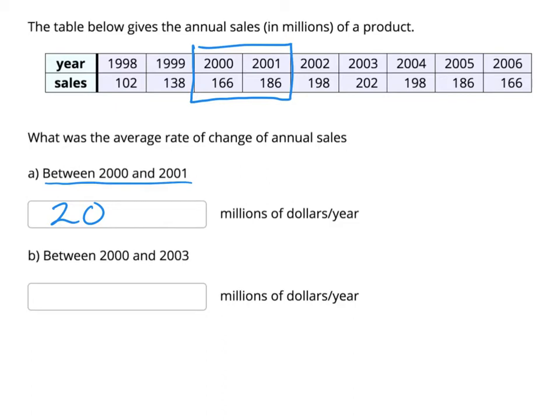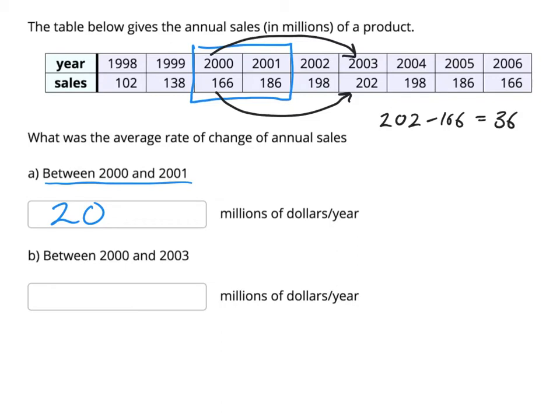But then in the next one, it says between 2000 and 2003. So this time, we're making that jump, which means I'm going from 166 up to 202. So I'm going to have to do 202 minus 166. That gives us 36.